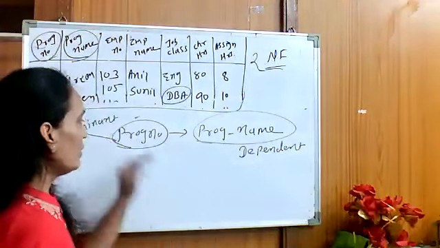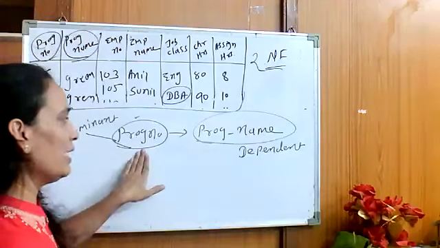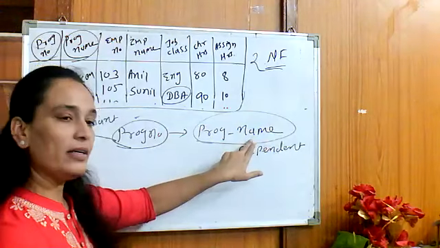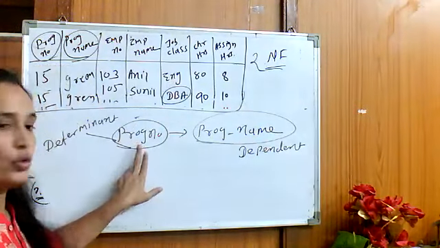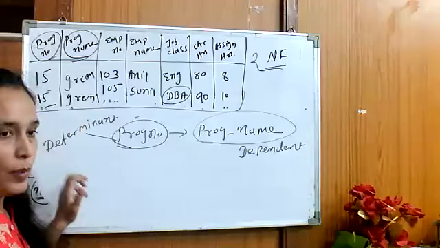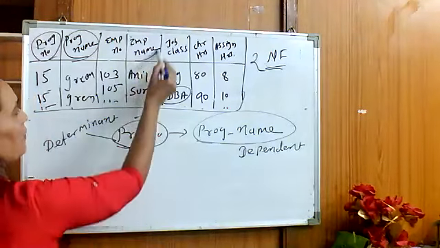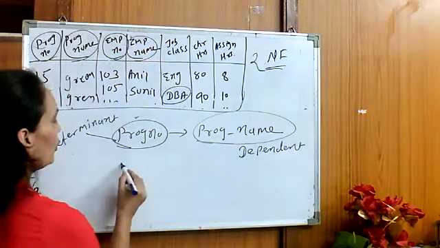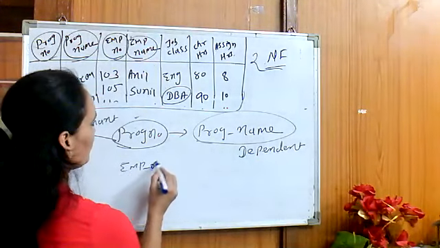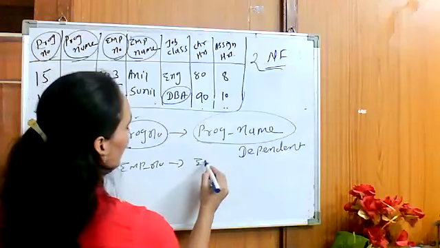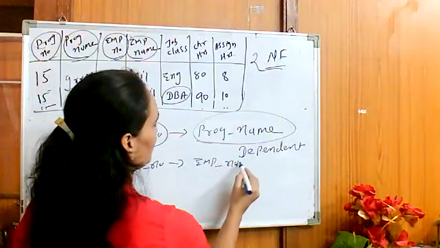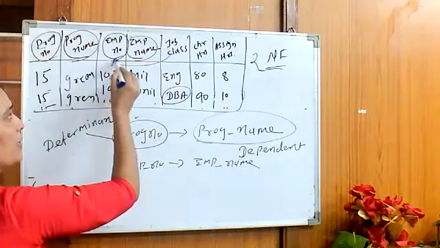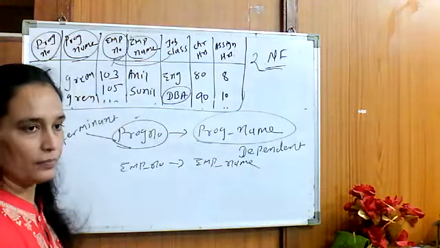We can say project number determines project name, or project name is dependent on project number. There are many more functional dependencies, like employee name is dependent on employee number. So employee number determines employee name.